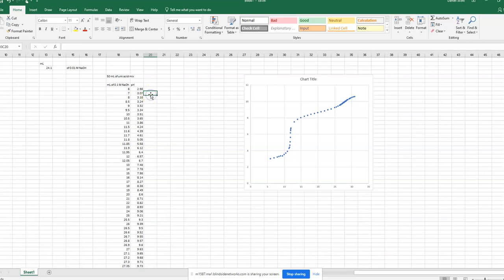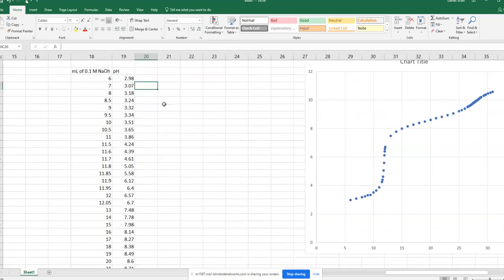So if I look here at this point, I look at the change in x. I can use an equal sign here and look at the change in x. So I'm going to go this minus this. That is my x value, my change in x.